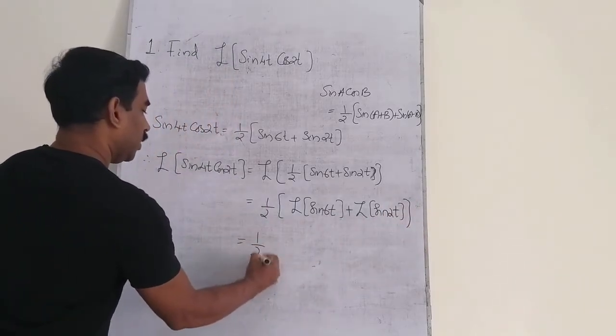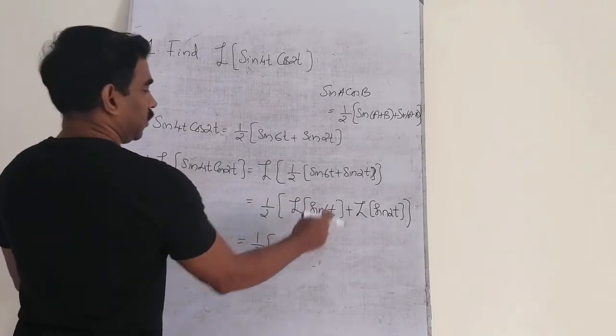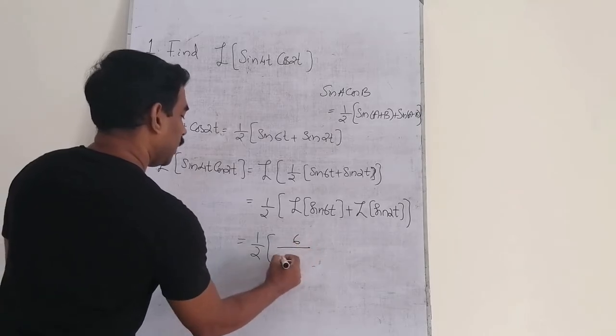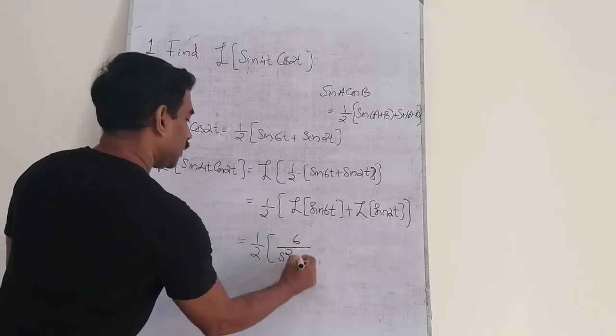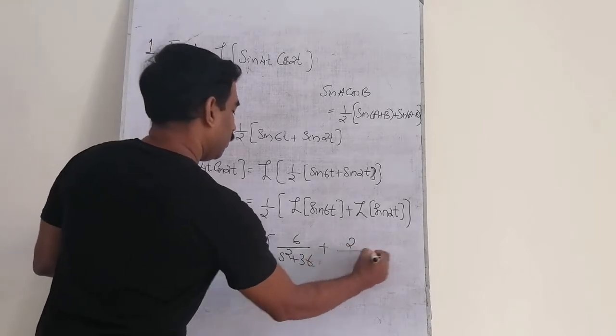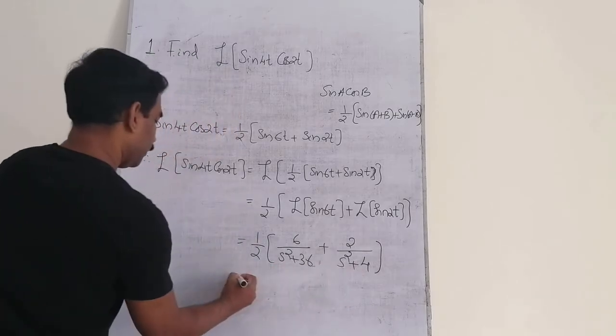Comparing with the standard formula, Laplace transform of sin at is a by s² plus a². So this is 6 by s² plus 36 plus 2 divided by s² plus 2², that is s² plus 4.